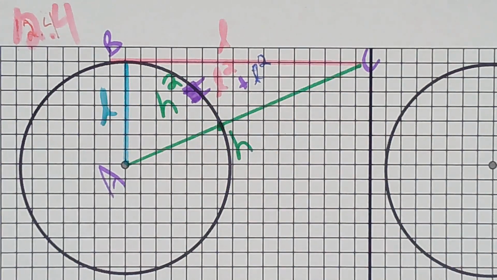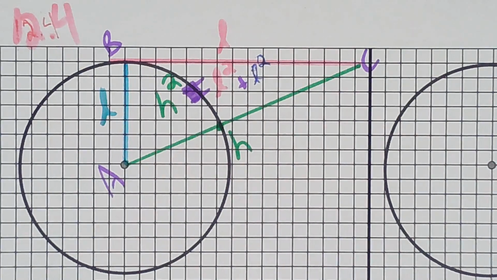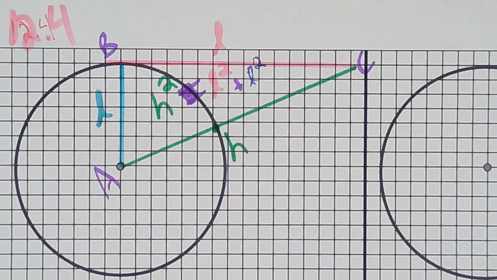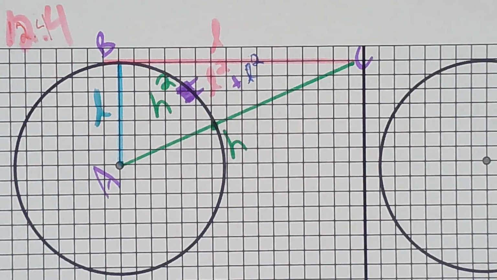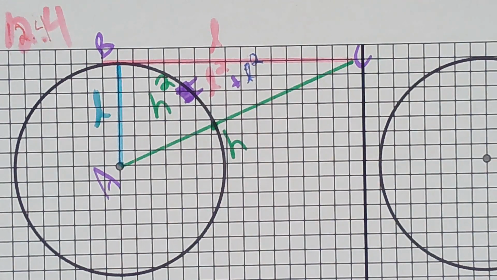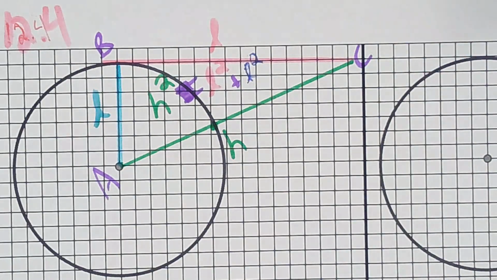So like we have in the past, the first thing we do before we plug in any of our knowns is write the relationship that we know in terms of our points.